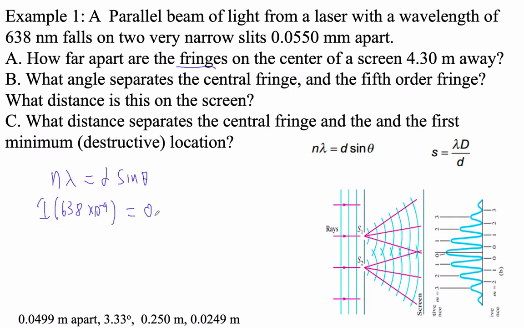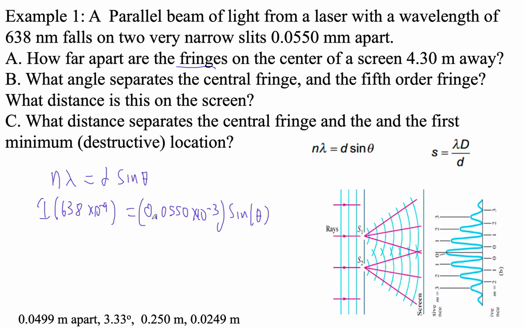And then that equals 0.0550 times 10 to the minus 3rd sine theta. And I've got my calculator in degrees, so when I do the inverse sine, I'm going to get degrees here. Okay, all right, here we go.